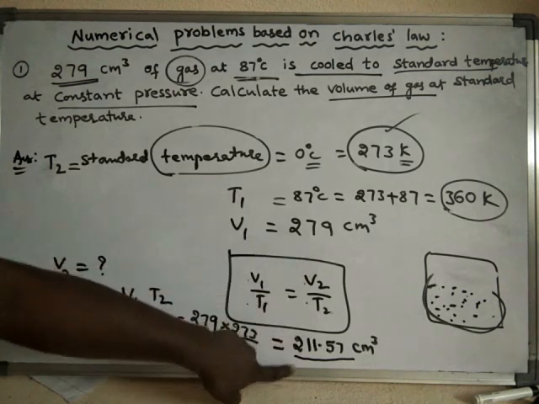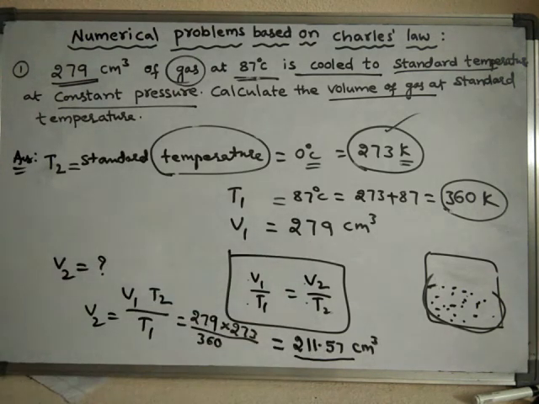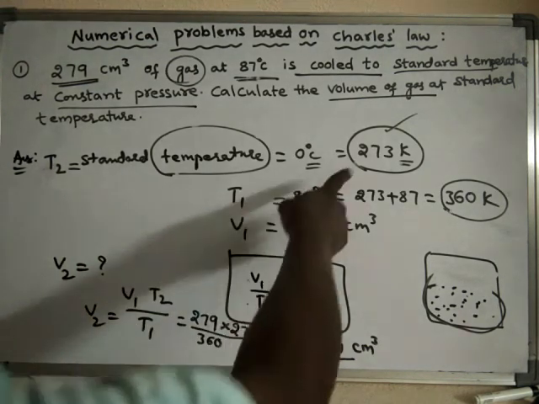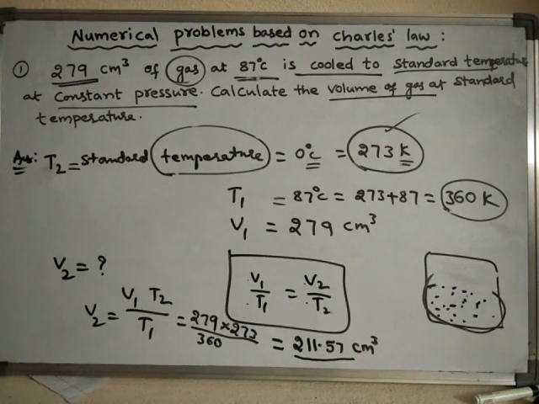There is a large decrease in volume. From this it is understood that whenever temperature is decreased at constant pressure, the volume of the gas also will decrease. Right, now we will learn the second numerical problem.